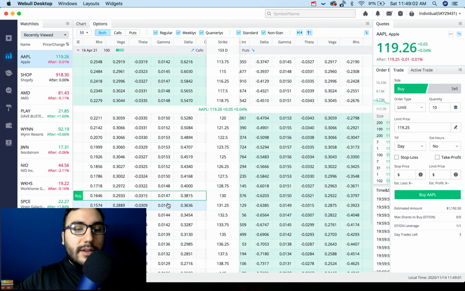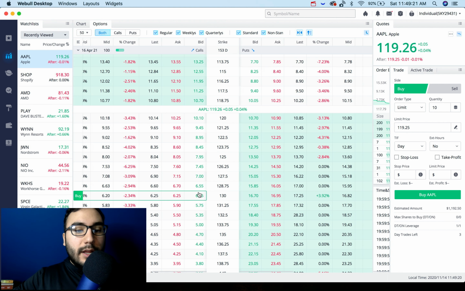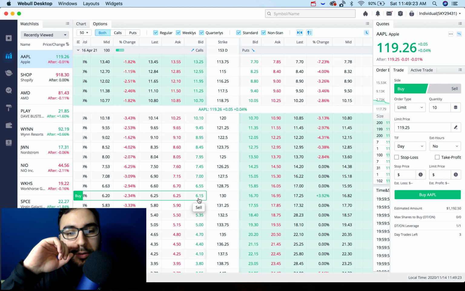So that is what delta is, guys. Very simple, right? And gamma is the rate of change of delta for every dollar move of the stock. So let's say Apple goes up from 119 to 120. We add the delta onto the premium, so 0.38 plus 615.